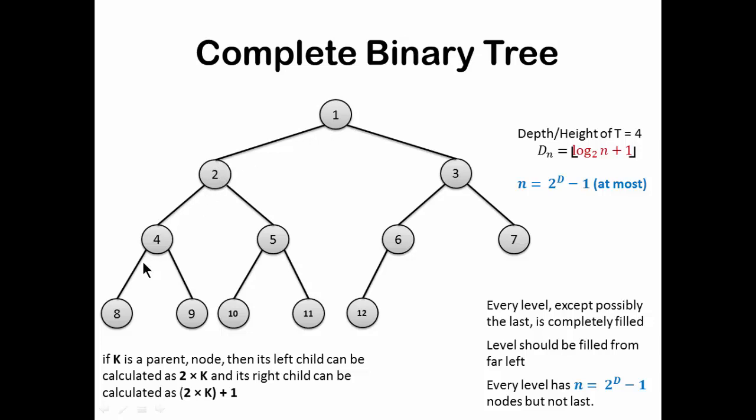The left child of 2 will be at the fourth location, which is twice this node. So left children are always represented by twice the value. If my node number is k, then the left child will be 2k. The right child will always be 2k plus 1.